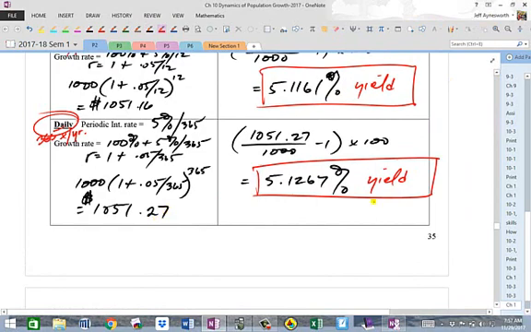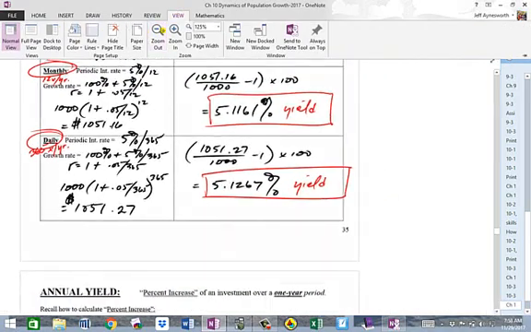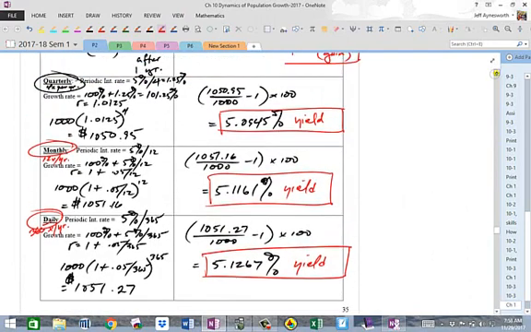So when you calculate annual yields, which is the yield per year, you want to write the percentage as a decimal, and write down at least 4 or 5 digits of the decimal so you can see the changes. Okay, so let's just take a look at the whole thing all at once. See, look at that.